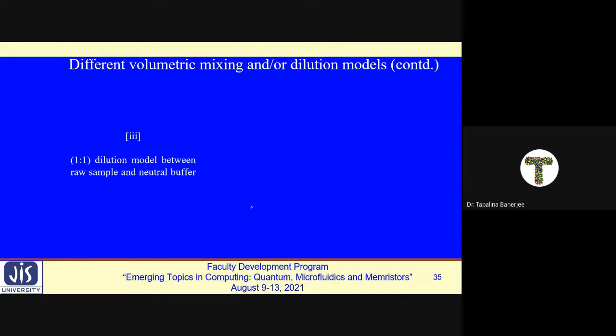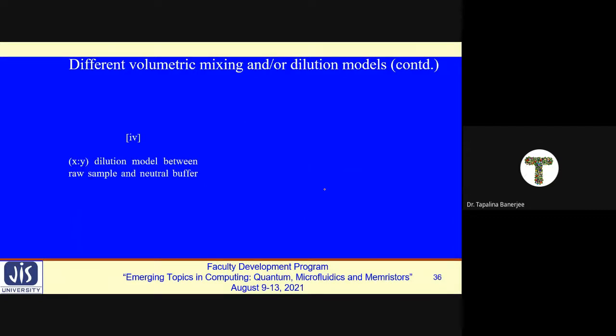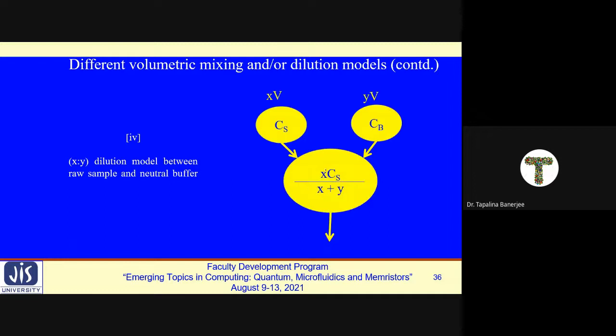Now, if one of the fluids is a raw sample and the other one is a neutral buffer, then in case of 1:1 mixing, we have this as our resultant concentration. And if the same thing happens in an X:Y dilution model, then the concentration factor should look like this.